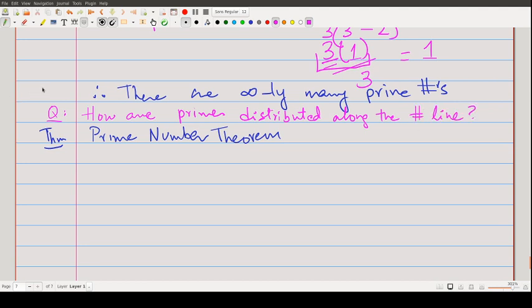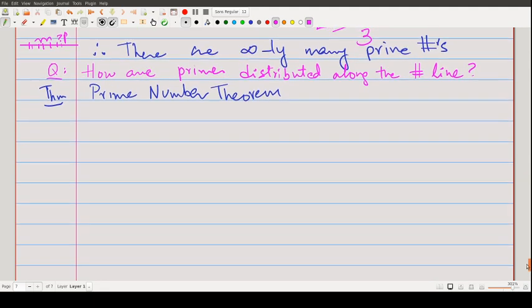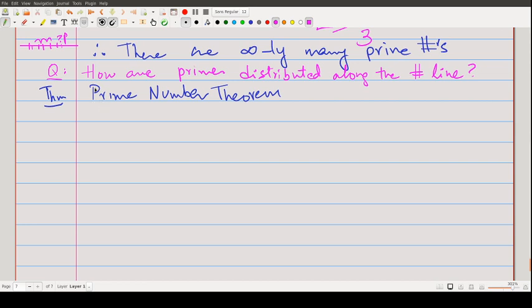So if I draw a number line, how many numbers do I need to traverse before I encounter the next prime? And that is actually an open problem, but something that we can say about this distribution is the following.